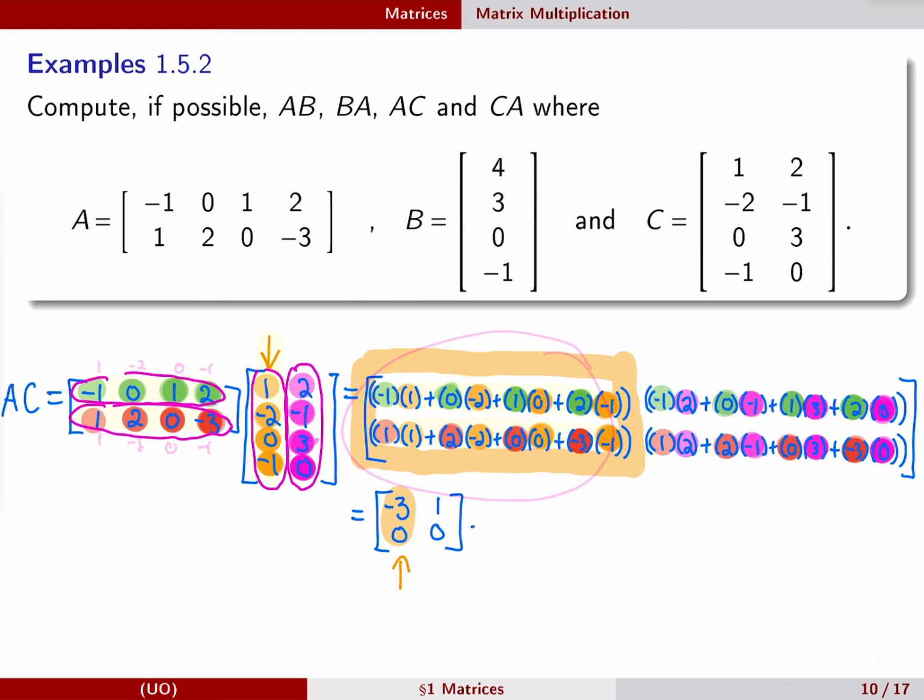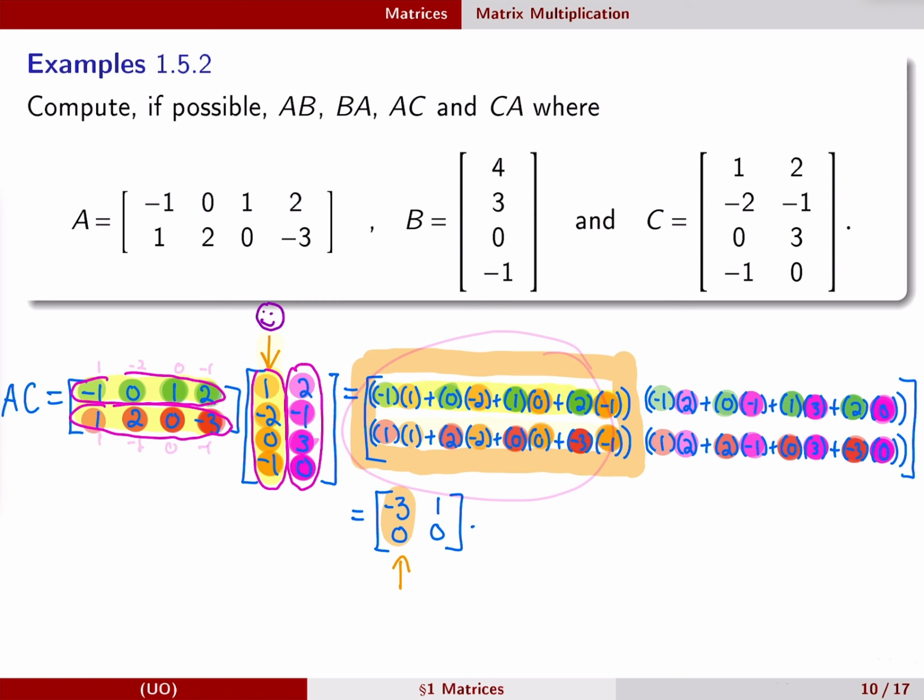So here in my computation, all my focus is on the first column. I like to work one column at a time on the right matrix. So I take the 1, minus 2, 0, minus 1 and I lay it down on my matrix A, and then I get my first product, minus 1 times 1 plus minus 2 times 0 plus 1 times 0 plus 2 times minus 1.